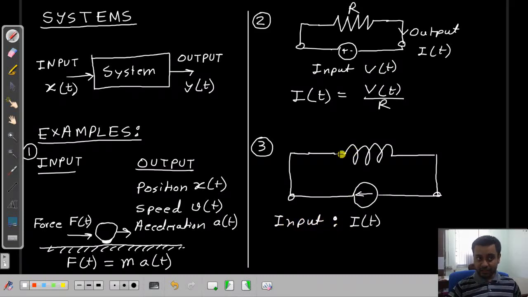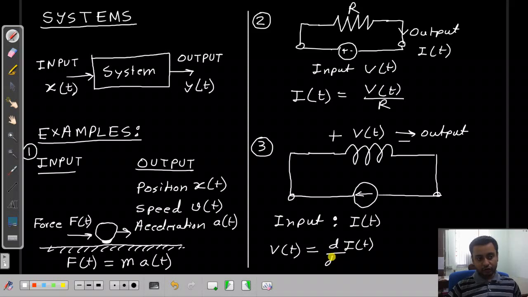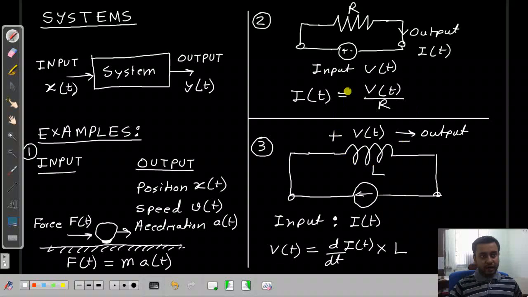As a result, there will be some voltage induced across this coil, call it v of t, and that is the output. Now the relation between the input and output is very simple. We know that v of t, voltage, is equal to the derivative of the current, d i of t by dt, multiplied by some constant L, that is the inductance. So these are some electrical systems, very simple.